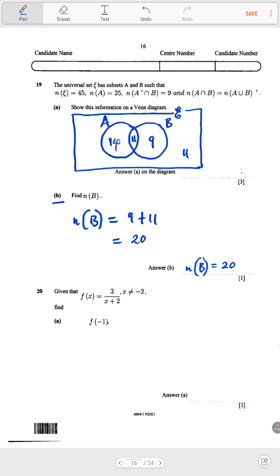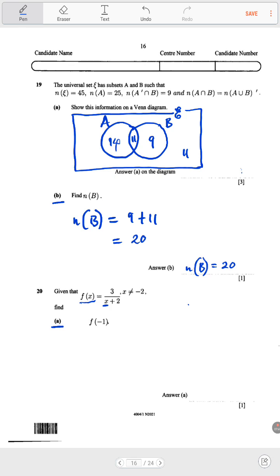Number 20 says given that the function of x is equal to 3 over x plus 2, but x is not equal to minus 2, or x cannot take the value minus 2, because once you put minus 2 here, you have an undefined fraction. So now we are being asked to find the value of f at minus 1.